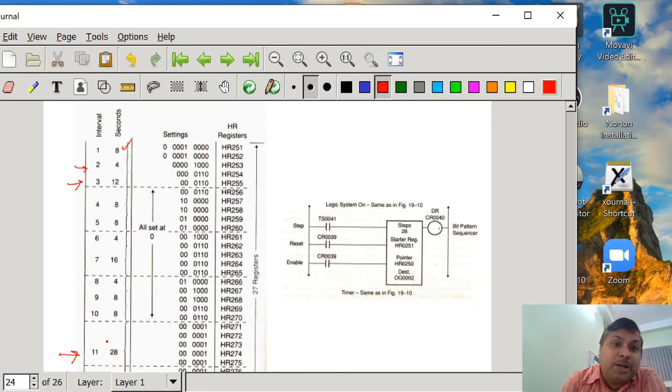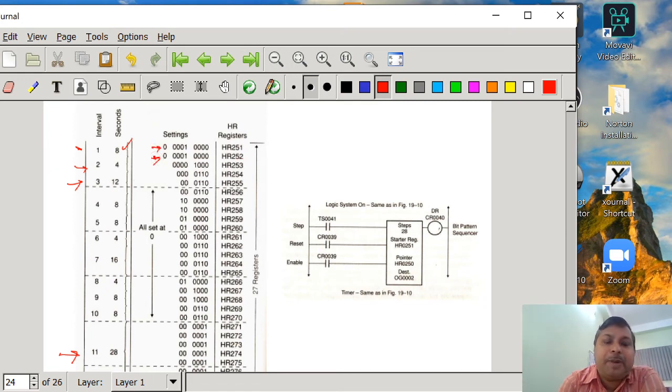Now, to execute the same function or step for 8 seconds, suppose step 1 has to be performed for 8 seconds, then we will use two register addresses, 251 and 252, and write the same pattern.